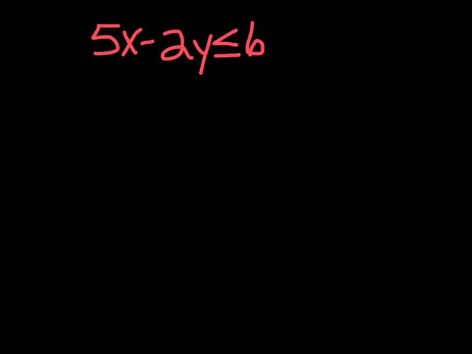So if they give you an inequality like the same one that we had on the previous page, 5x minus 2y is less than or equal to 6, and they have the ordered pair 0, negative 4, and you want to know if that's a solution without having to graph it, then it's equally as easy. You just plug the 0 in for the x value and the negative 4 for the y value and see if it makes a true statement.